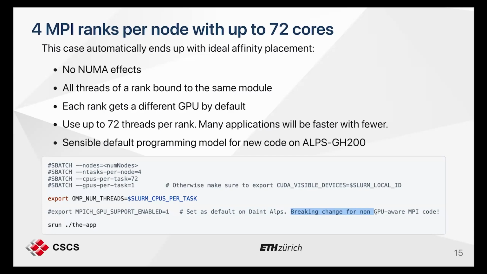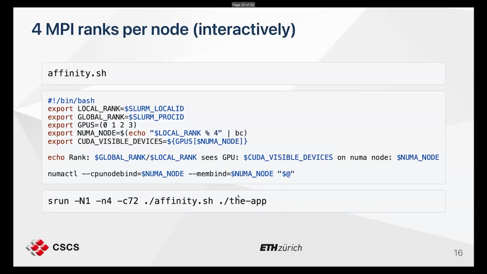If you try to run that, it will fail with an error that the GTL library, which is responsible for CUDA-aware MPI, is not linked in your application. To fix that, you can just export this variable and set it to 0, and then your code will run just fine. But what I would recommend is that you actually add CUDA-aware MPI support to your code, because then it's a lot of performance that you gain.